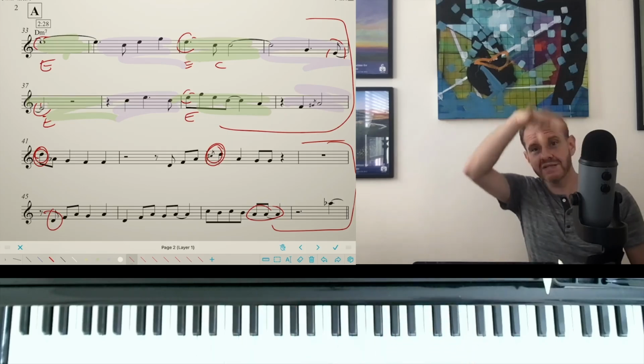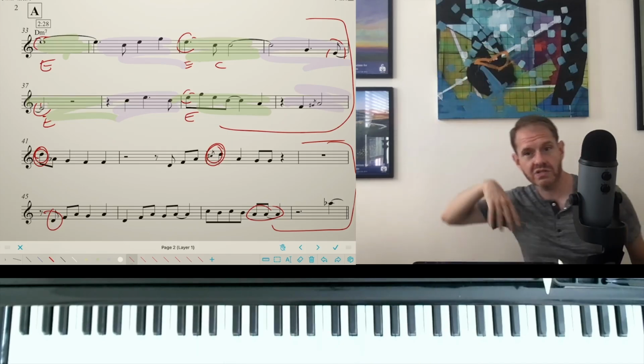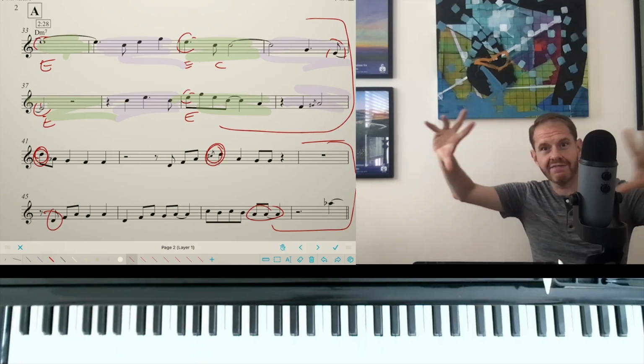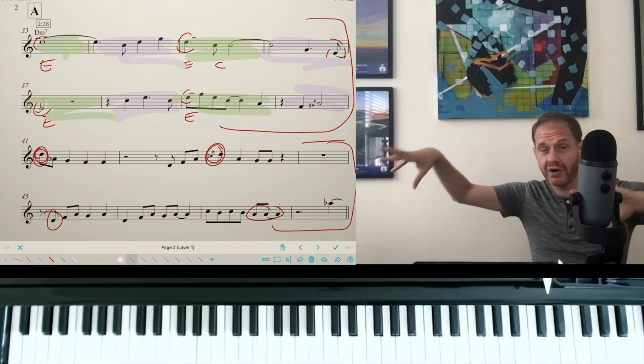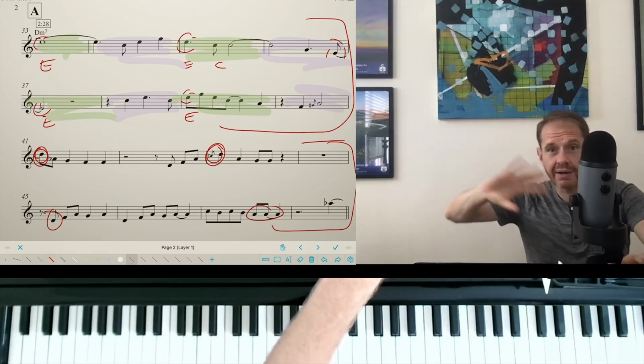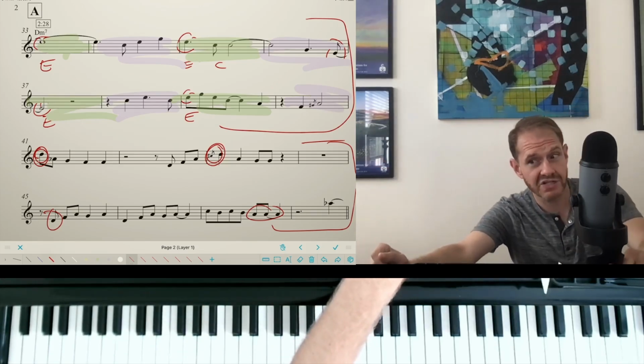Notice all my phrases are ending on that downward slope, and I'm ending them in that first or that third bar, the odd numbered bars of the line. So you can practice thinking about these different elements of tension and release.